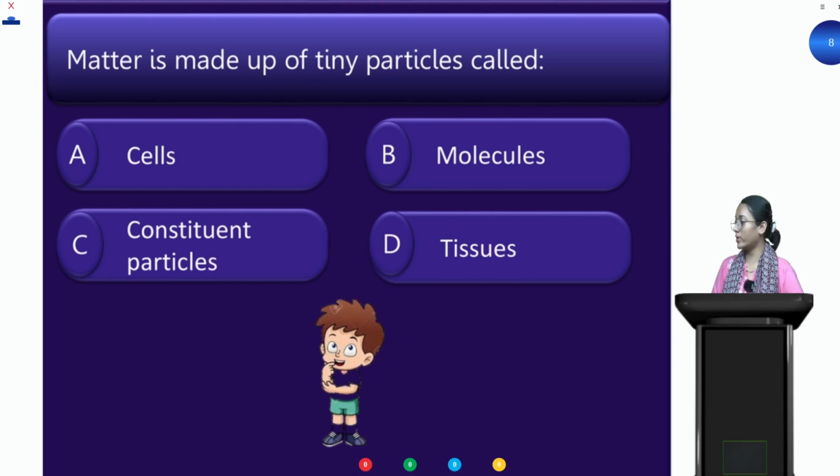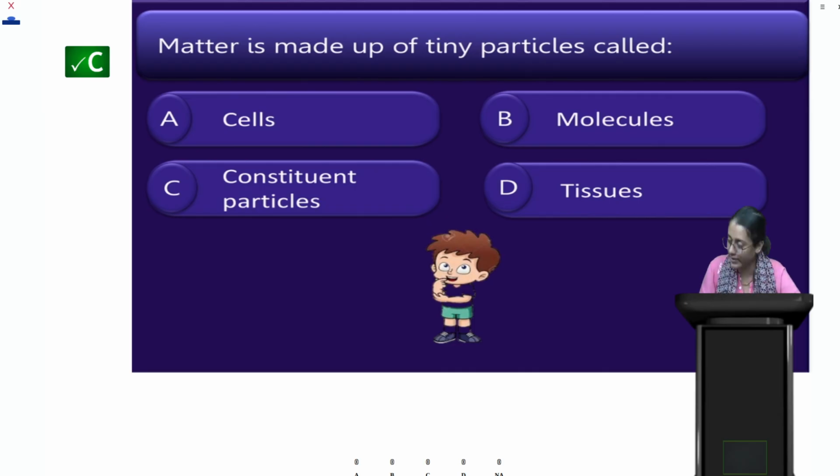Okay, so many of you have answered. Very good. And with that, your time is up. Let's see how many of you have given the right answer. Very good, so many of you have given the right answer. Our right answer is constituent particles.